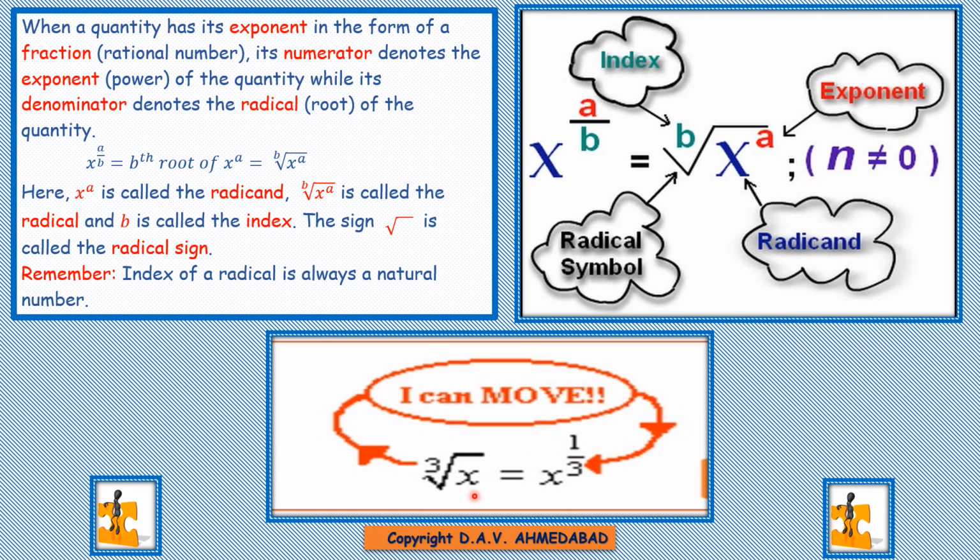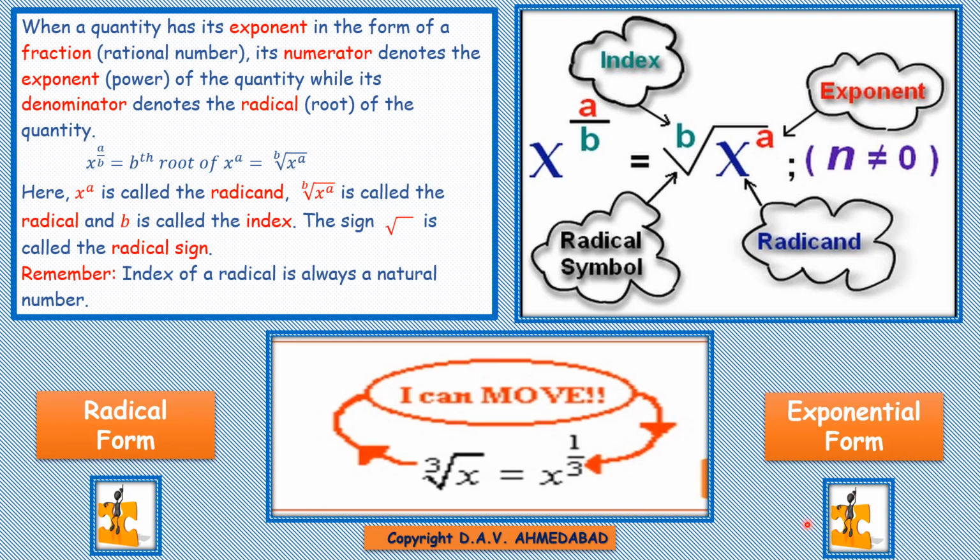So cube root of x can be written as x raised to the power 1 by 3, right? So this is the radical form and this is the exponential form. Understood children? Now our next worksheet is based on that only. I am sure that you will be able to solve that. So let us see.